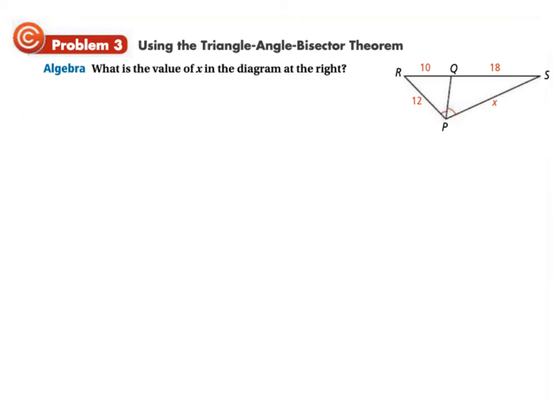All right, what are we looking at here? Use the triangle angle bisector theorem. What is the value of x here? And remember, we've got this is to this as this is to this. So you can set that up as a proportion.